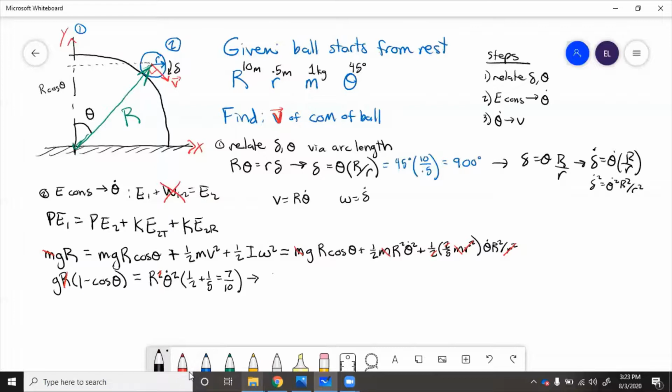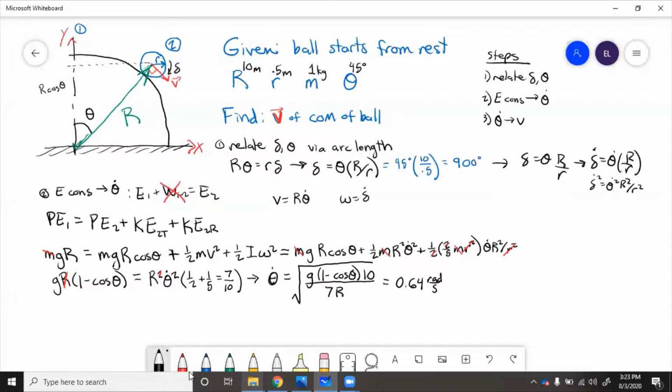So we rearrange and get theta dot equals the square root of g times 1 minus cos theta times 10 over 7 R, which equals 0.64 radians per second.